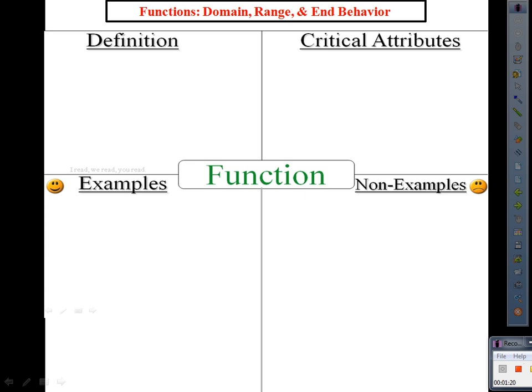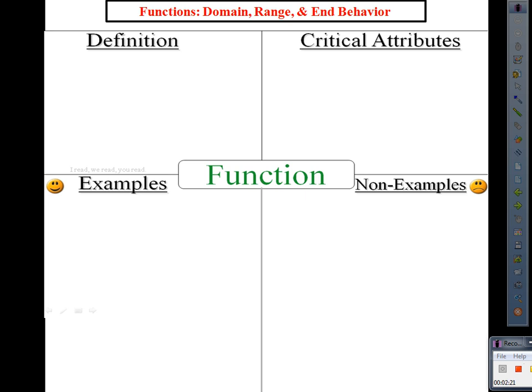All right. So, who wrote something in regards to one output for every input? Who wrote also somewhere in the definition a relation? Yeah, functions are relations, is that correct?